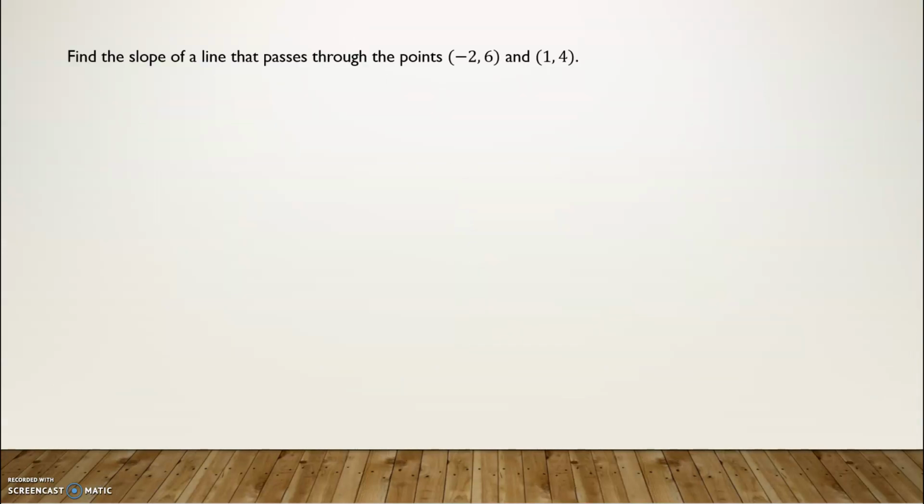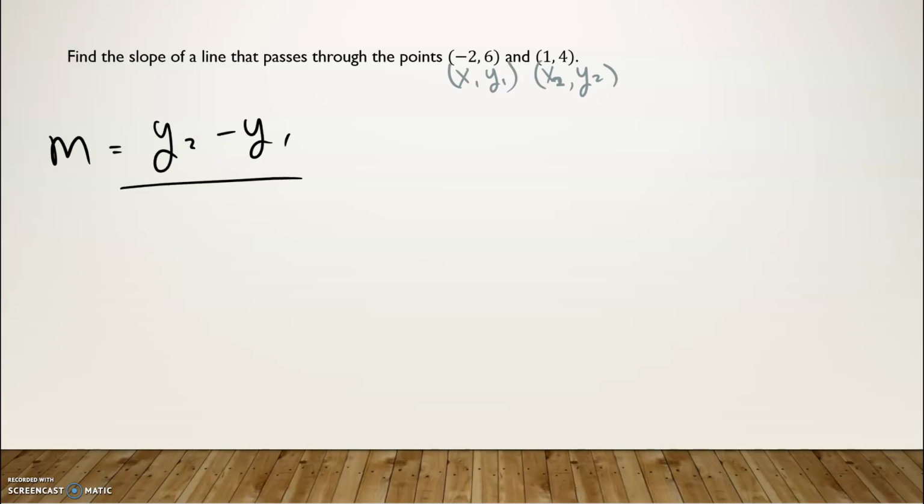Okay, so find the slope that passes through the points negative 2, 6, and 1, 4. Now it doesn't matter if we call this x sub 1, y sub 1, or this one x sub 1, y sub 1. Doesn't matter. We'll call this one x sub 2, y sub 2 though. Okay, so m is equal to y sub 2 minus y sub 1 over x sub 2 minus x sub 1.